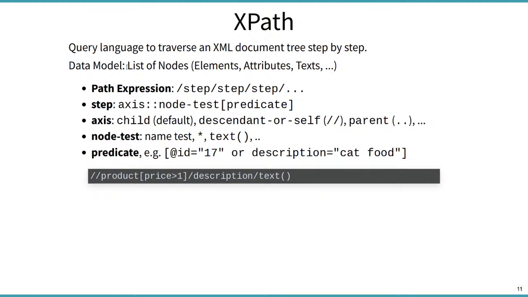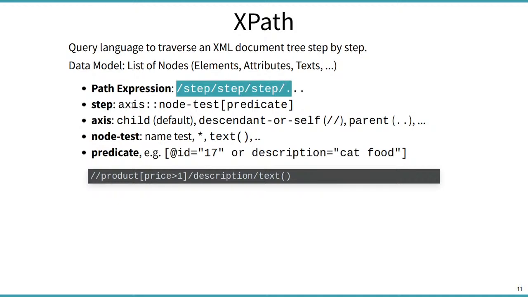And what you do is you use XPath steps to traverse through the document. So you traverse, by default you traverse to the child document, and then to the child of the child, and then to the child of the child of the child.